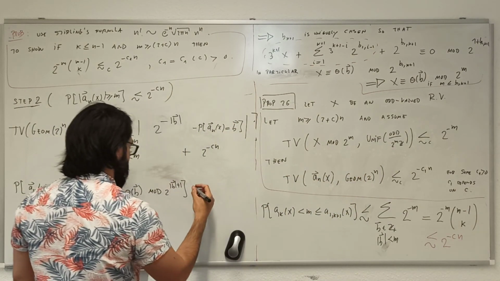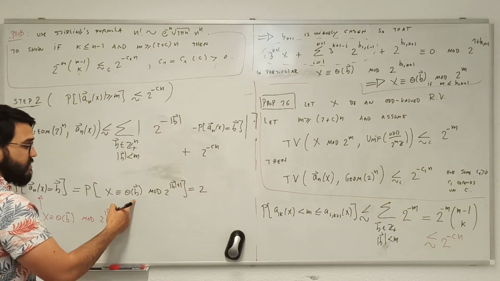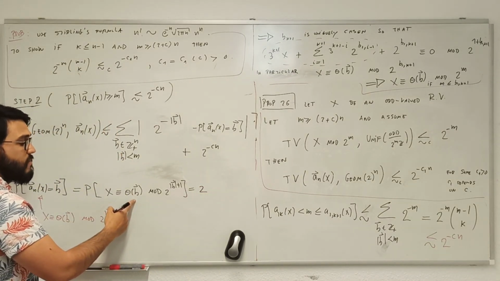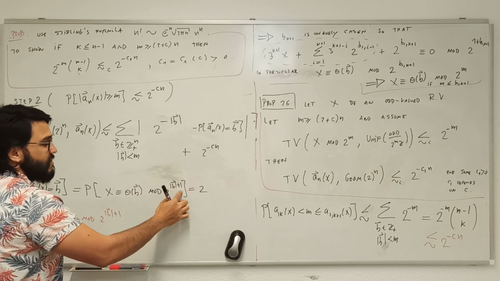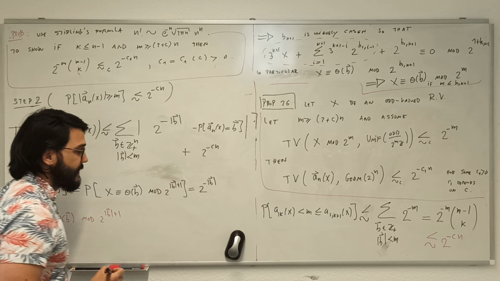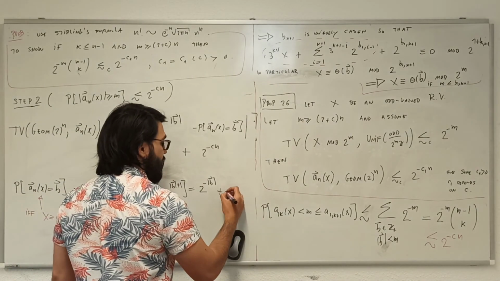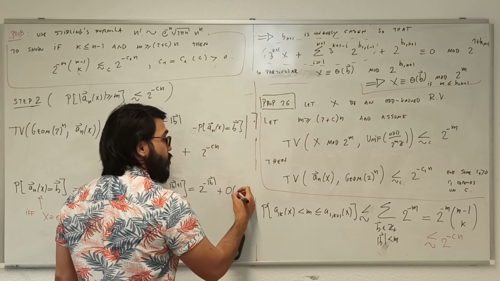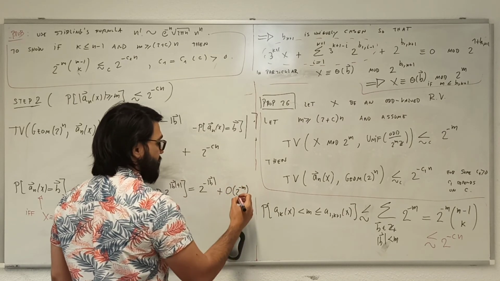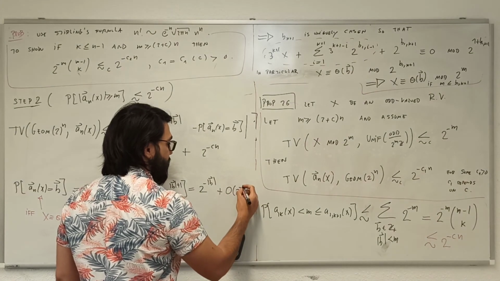Because of this total variation, this will be identical to the uniform distribution of the odd residue classes here, which will be just minus this, plus an O of 2 to the minus m.